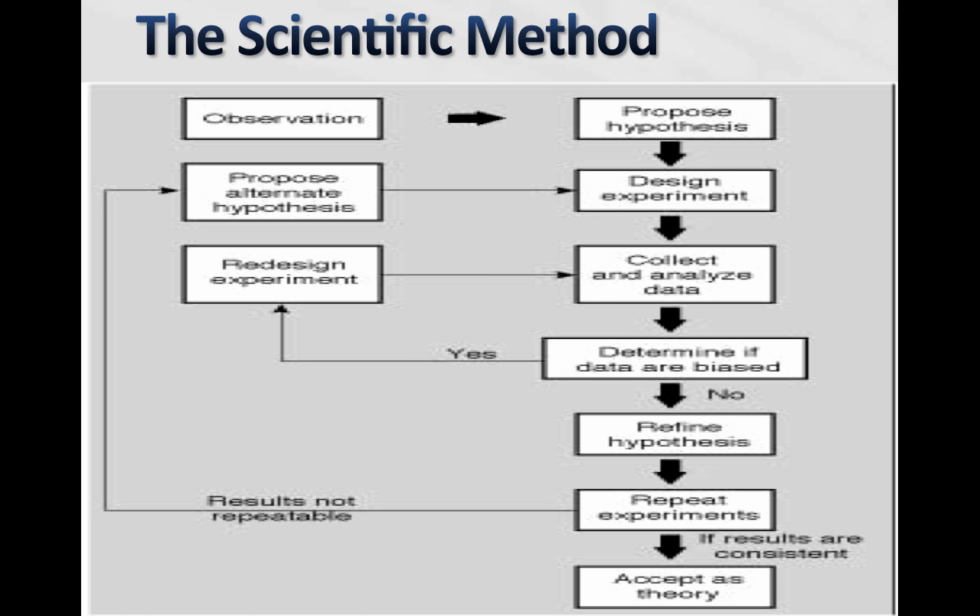You can say you accepted your hypothesis. But if it's wrong or it didn't meet your expectations, you start it over again. And this can go on and on and on. It's a continuous cycle until you get an answer or you get a theory.